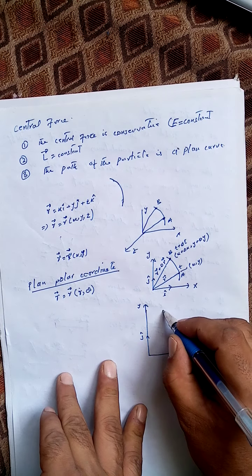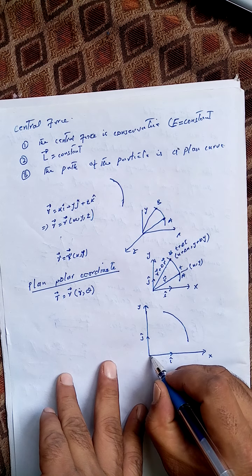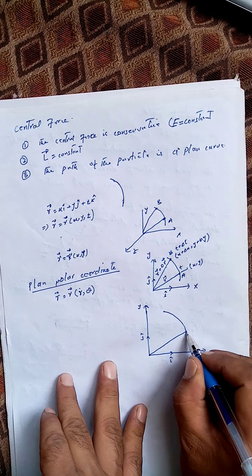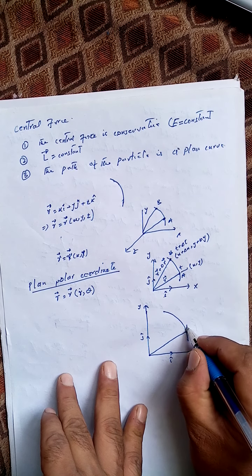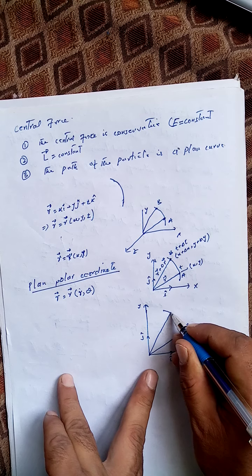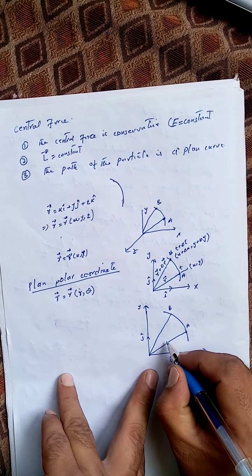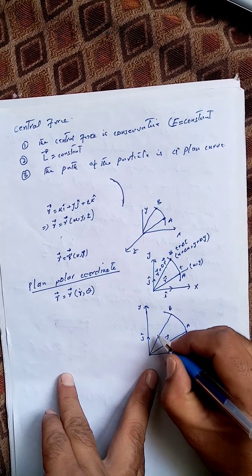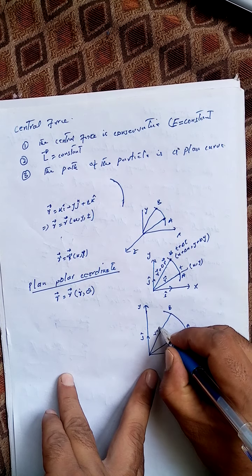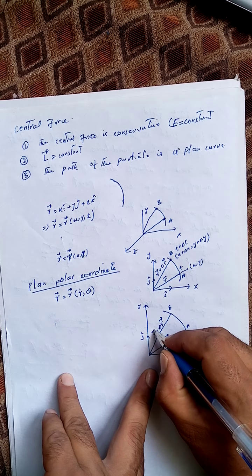Now the particle is moving in this plane curve, and suppose that at time t the particle is at point A, and after some time the particle moves to point B. Here the position vector is r, and here the position vector is r plus delta r. Delta means a small change in position vector.